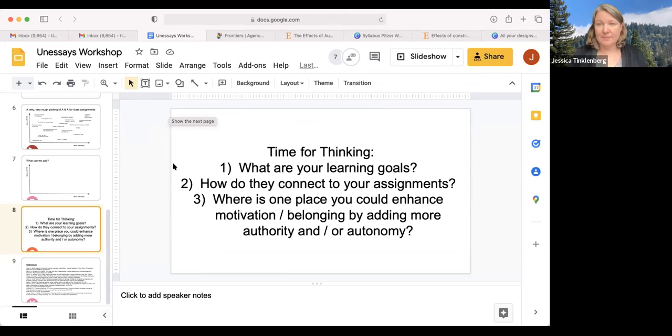All right. So I'd like to open it up. Any initial places you ran into, ideas for possibilities for improving or enhancing authority and autonomy in your classes?